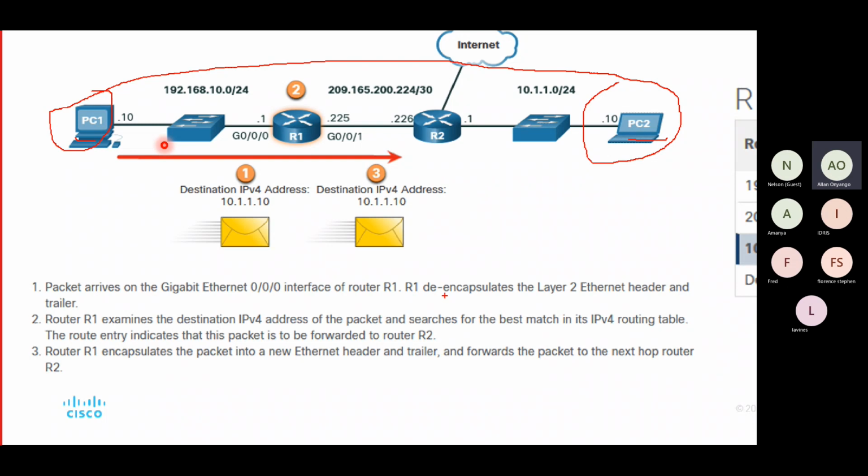It de-encapsulates the frame to see the packet, examining it and searching for the best path in its routing table according to the destination IP. Once that is done, R1 is going to re-encapsulate the packet with a new frame and forward it to the next device, R2.